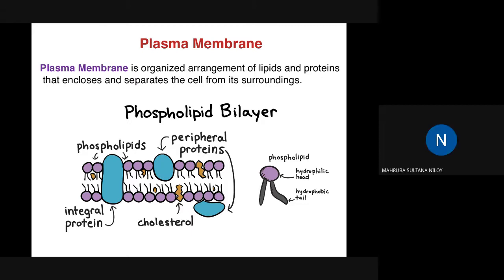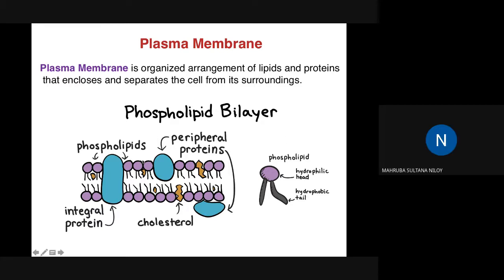We all know that the word phile means love, right? So hydrophilic means water loving. And phobia means afraid, anxious, like that. So this tail is anxious about water. Is it clear?